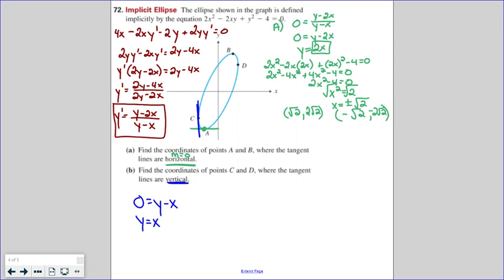And again, I want to know where this line, which is the blue one, and my ellipse intersect each other. So do your system of equations, solve by substitution or elimination. Substitution. Okay, we're going to sub in for y, x. So I'm going to rewrite that equation, and everywhere there's a y, I'm going to put in an x.